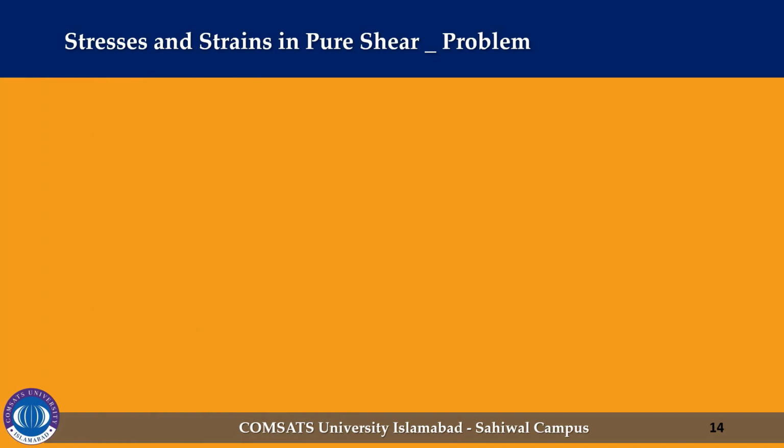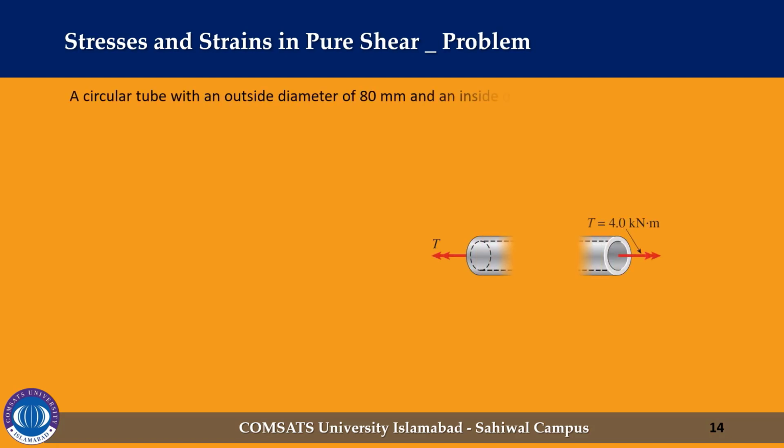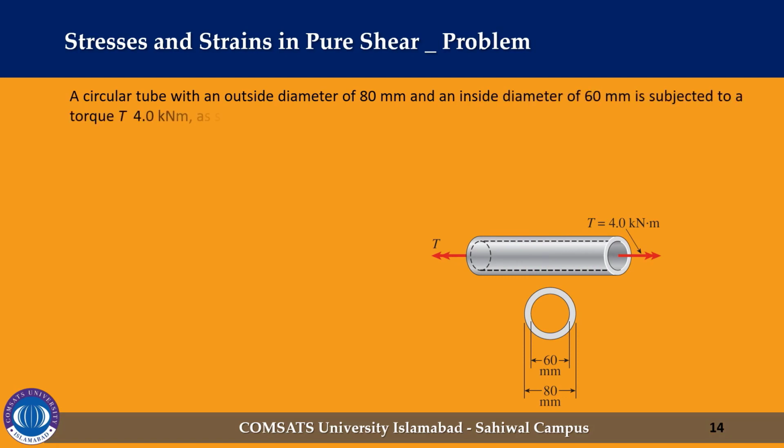So after studying stresses and strains in pure shear, now we will try to solve a problem. The problem statement is: a circular tube with an outside diameter of 80 mm and an inside diameter of 60 mm is subjected to a torque of 4 kN meter. The tube is made of aluminium alloy 7075-T6.